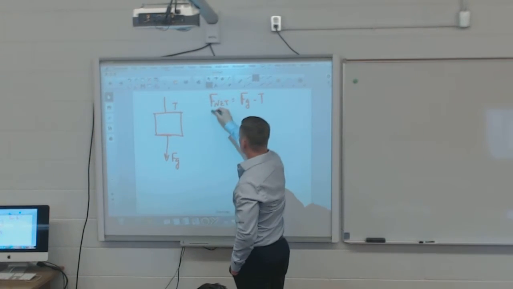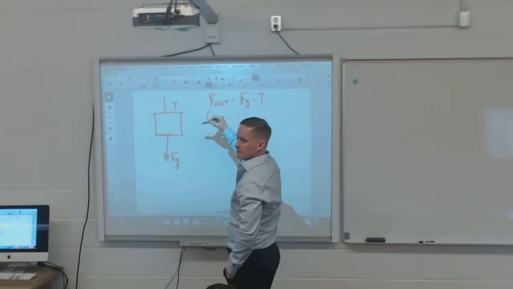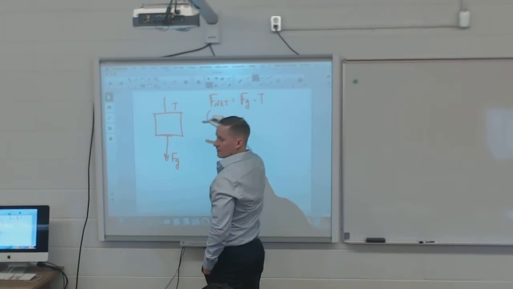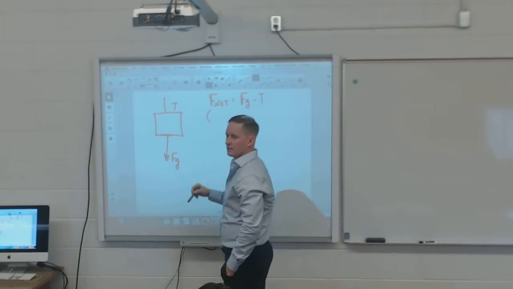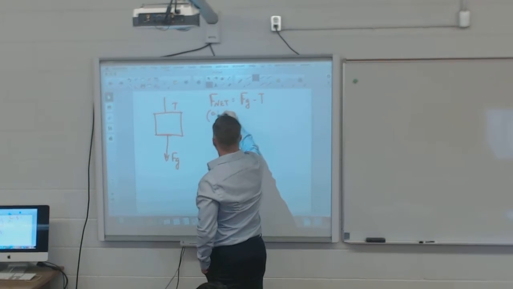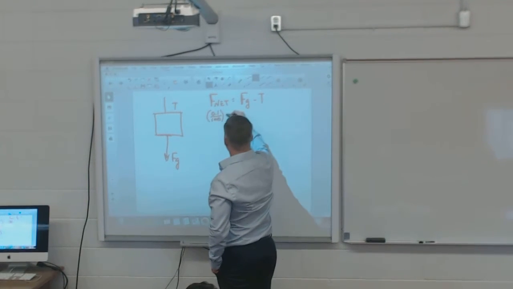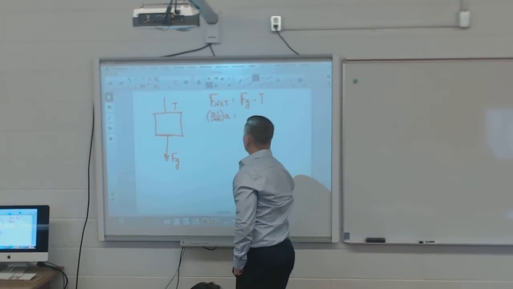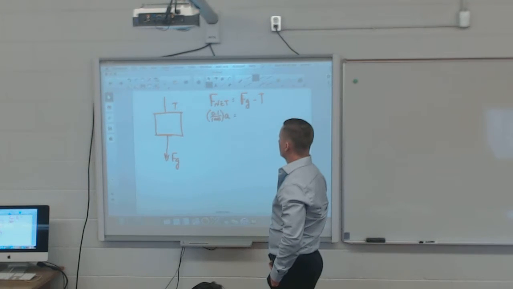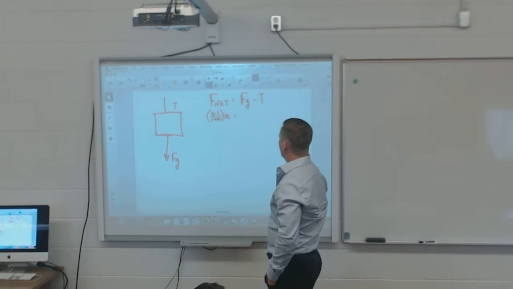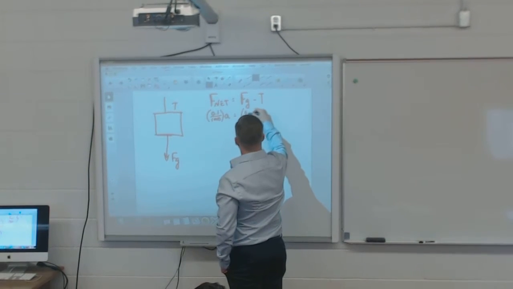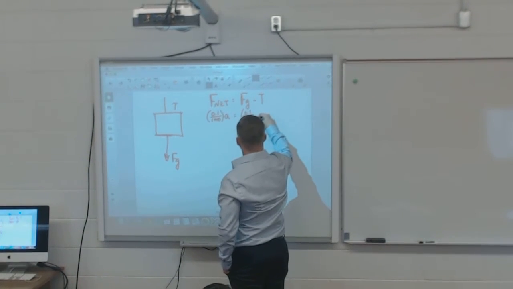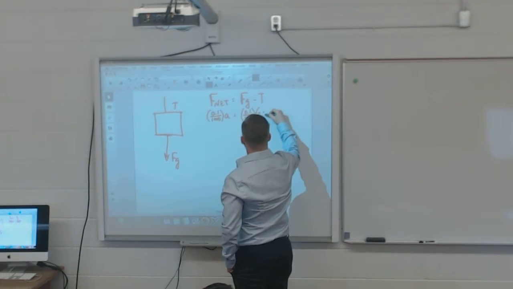Mass is 0.1 grams, or I converted it to 0.0001 kilograms because it has to be kilograms. Times A. Force of gravity of him, 0.1 over 1,000, times 9.8.